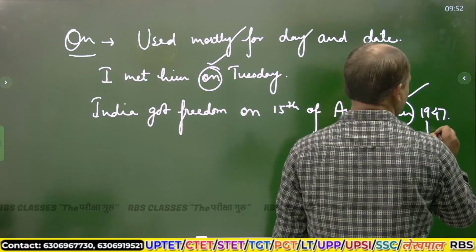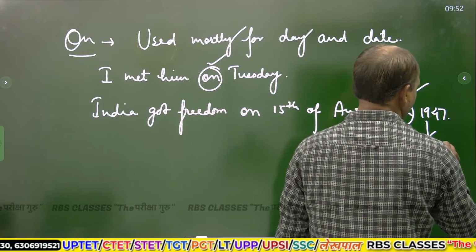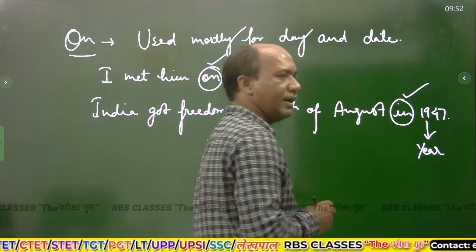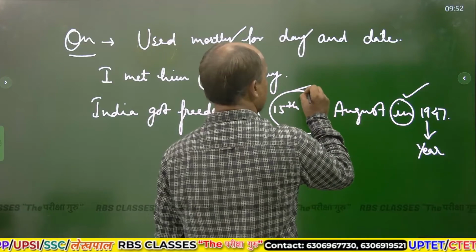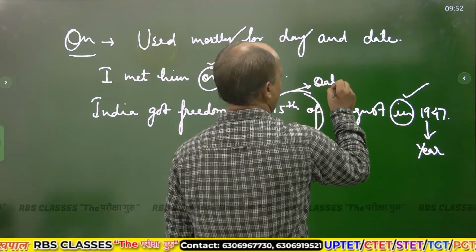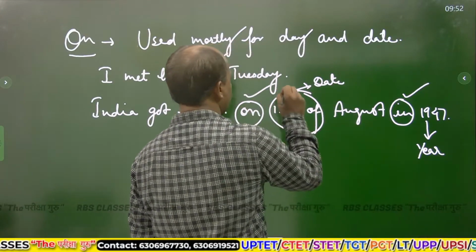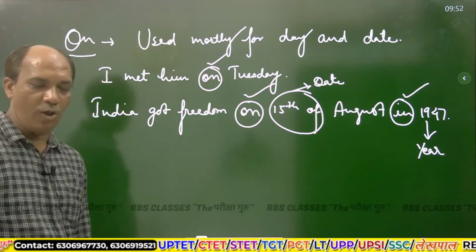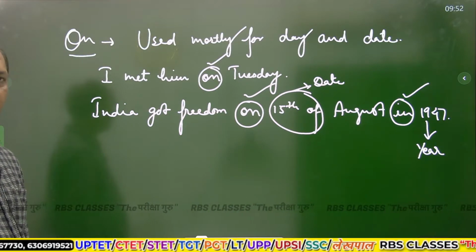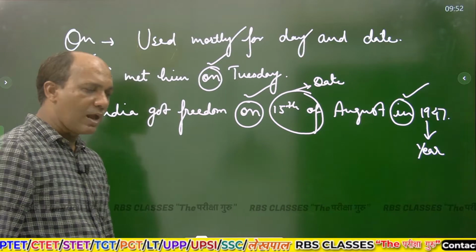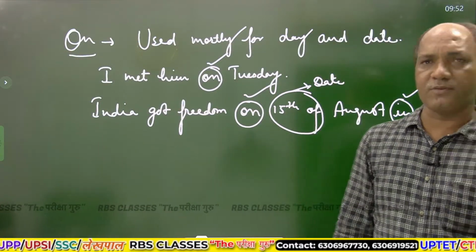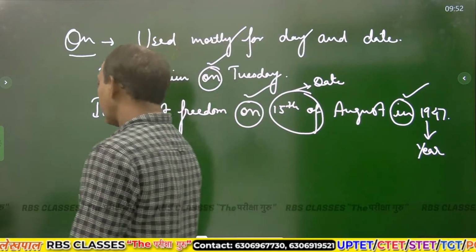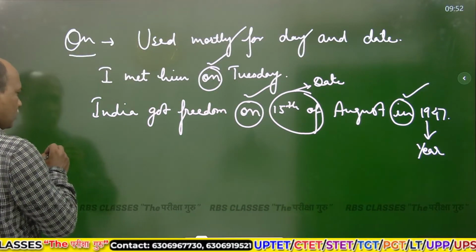This is the year. That is why in is correct, but this is date, and that's why this is correct one. On. Is that clear? But now some very difficult concepts, exceptions you see, that on is not used.